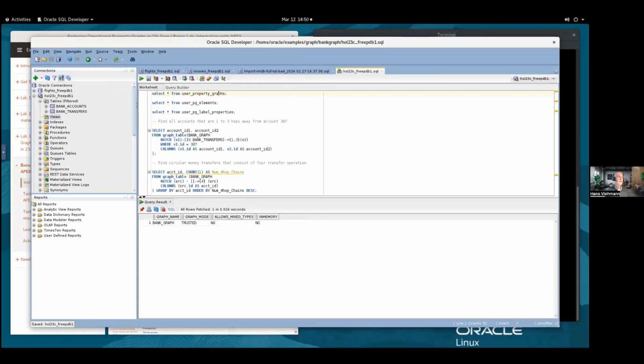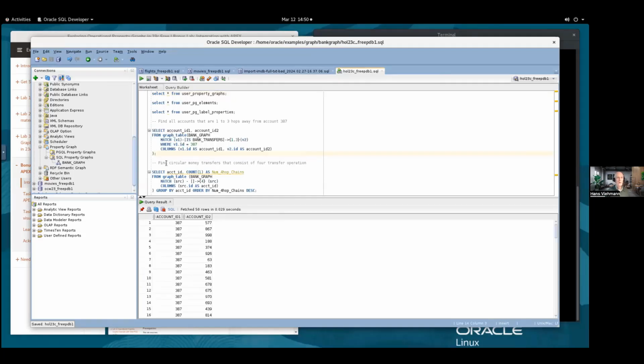So this is running on a 23C database, and as I said, the 23C database has property graphs as native objects, so they're a regular part of the Oracle data dictionary, and you can run your match clauses, your SQL statements on this bank graph. Now that's 1,000 vertices, 5,000 edges. That is tiny, so it's nothing for performance testing, but just to give you an idea of how this works.